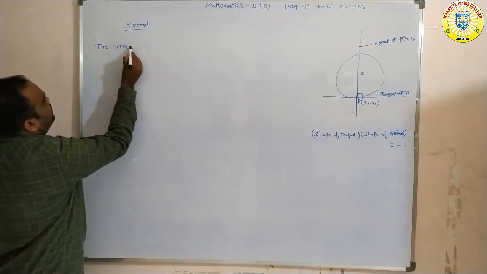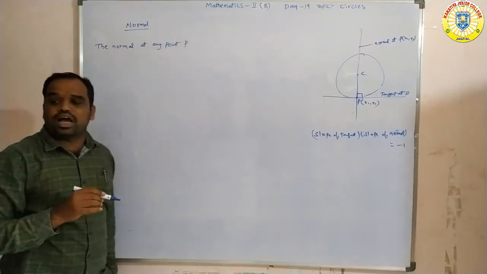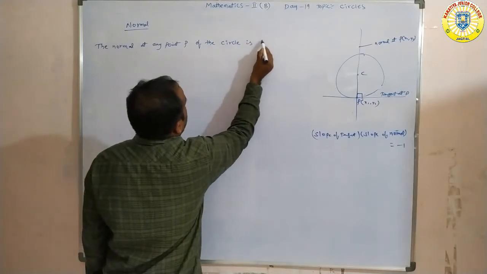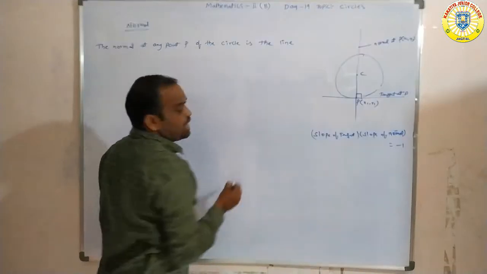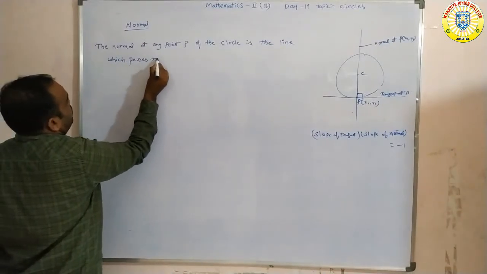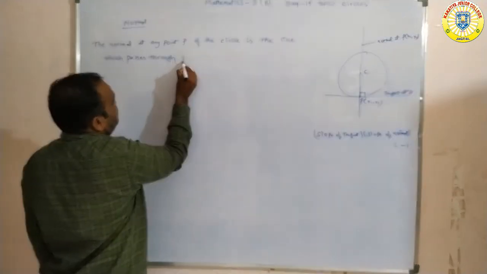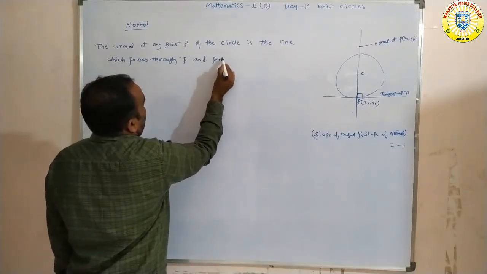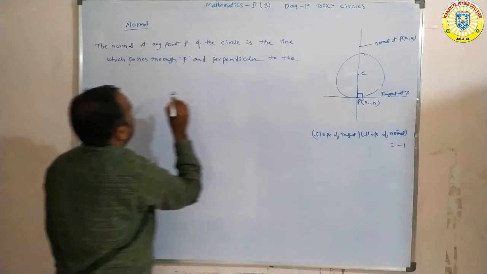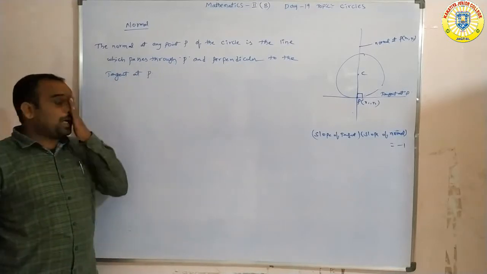The normal at any point P of the circle is the line which passes through P and is perpendicular to the tangent at P. We are drawing the normal at the point P, that's why the normal also passes through P and is perpendicular to the tangent at P. Okay now, perpendicular to the tangent at P.